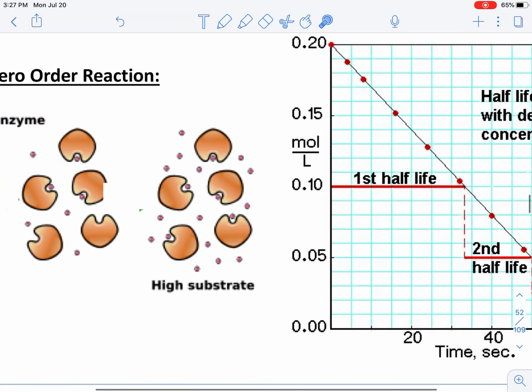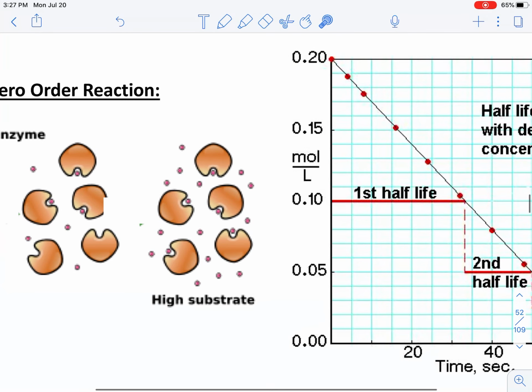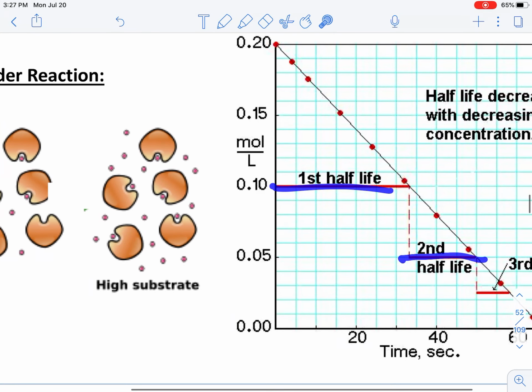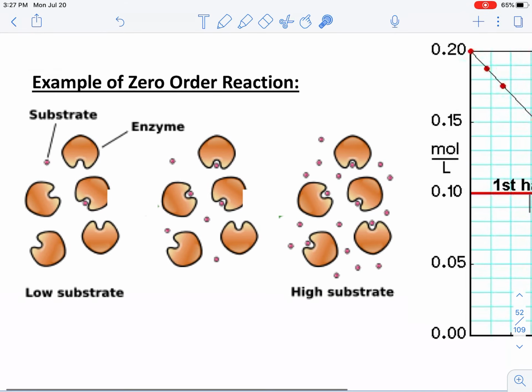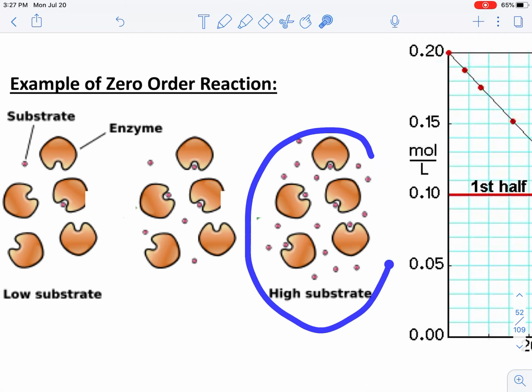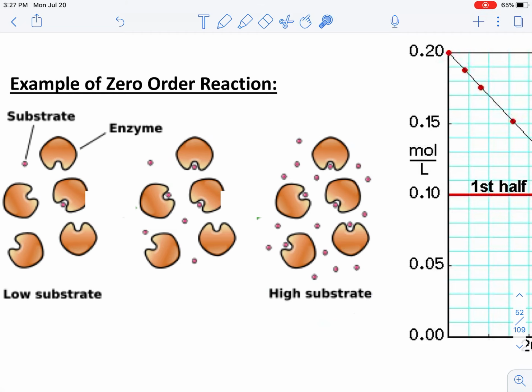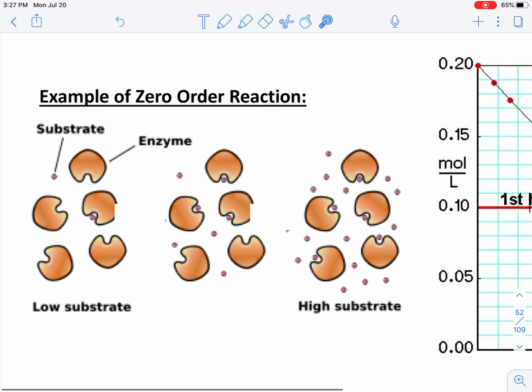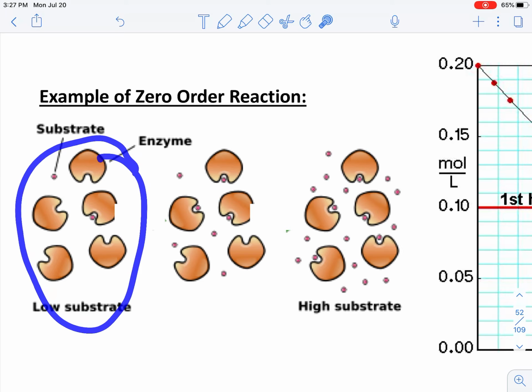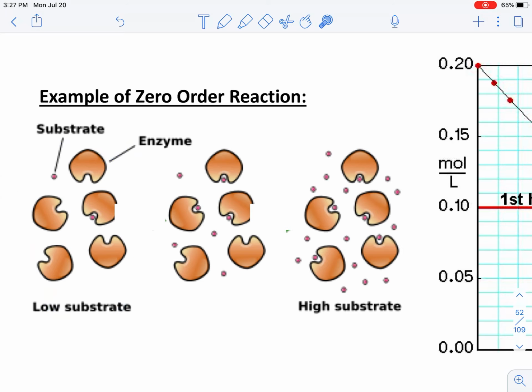You guys can imagine this scenario by looking at this diagram. If you have a high concentration of substrate, the amount of time it takes for those enzymes to decrease the concentration of the substrates by 50% will take a longer period of time compared to if you have a lower amount of substrate or a lower amount of reactant.